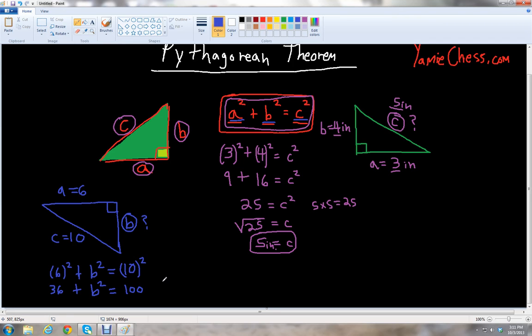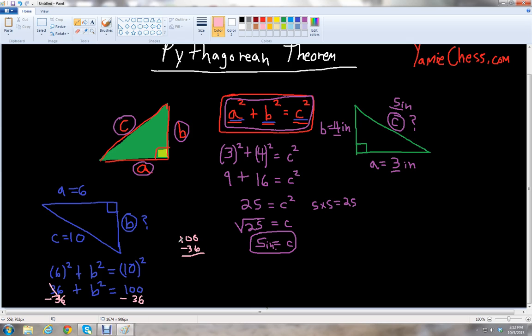We need to isolate the b squared, get that by itself. So we'll subtract 36 from both sides, doing the opposite of adding, subtracting. Those cancel, and then 100 minus 36.